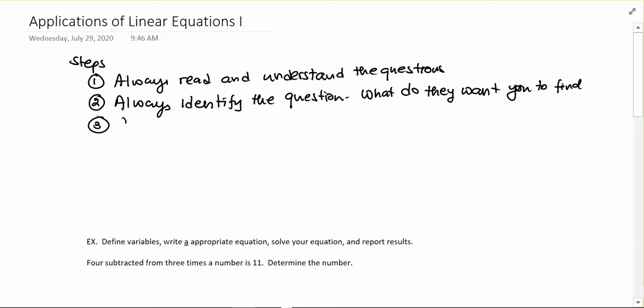Then, once you figure that out, you want to set up appropriate let statements. Then you want to set up an equation.